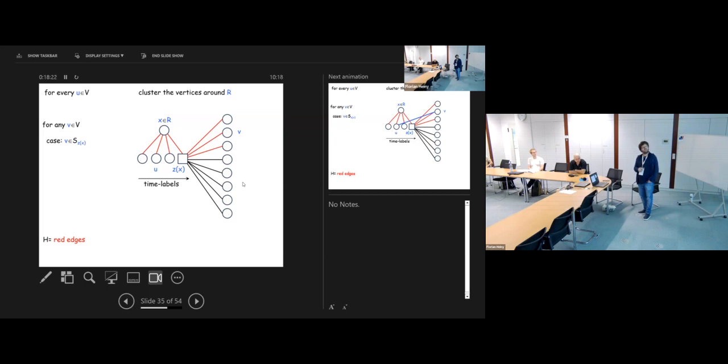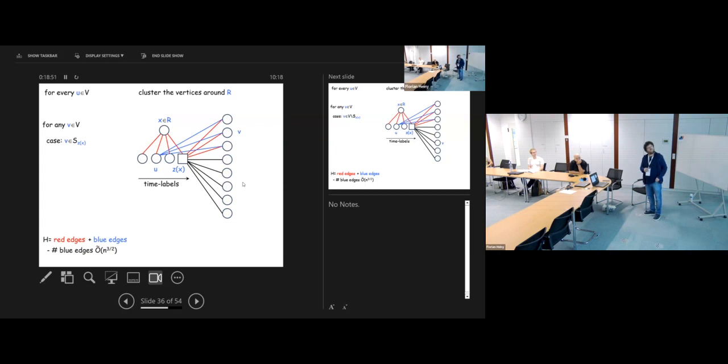But in this case, we use a direct edge from U to V, this blue edge here. And this blue edge is not in the spanner, actually, so we add it to the spanner. So we add all these blue edges. How many blue edges do we have? This is roughly square root of n times the number of vertices. So we still have order of n times square root of n blue edges.